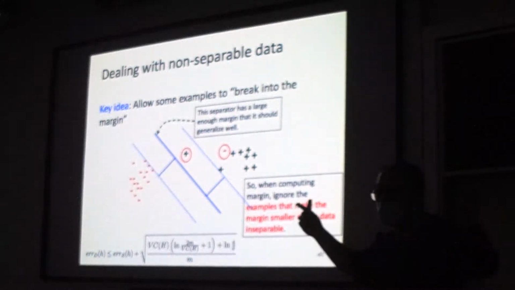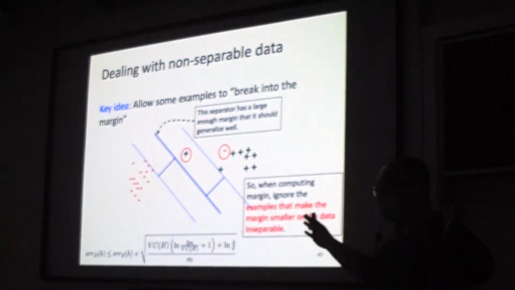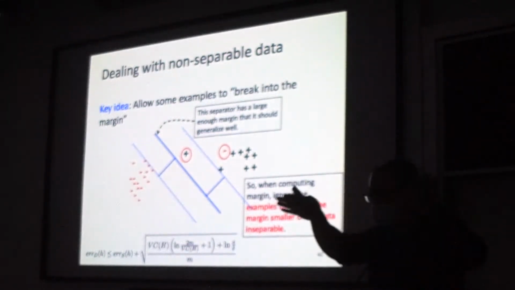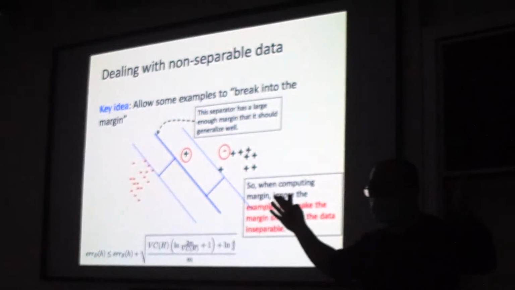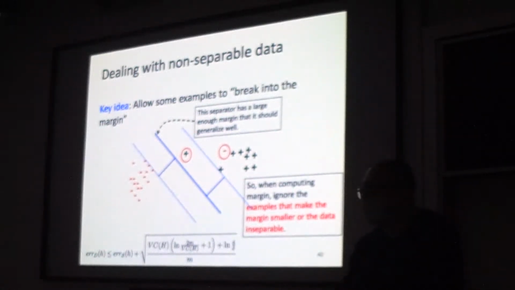Just choose one pair of positive and negative examples which are furthest apart, and find a linear classifier in between. Of course, it has the largest margin. But why is this not good?